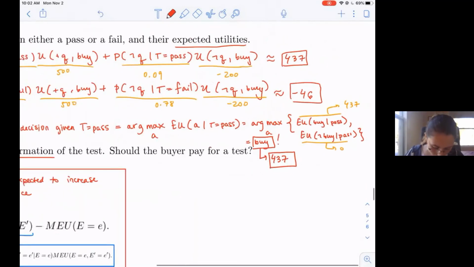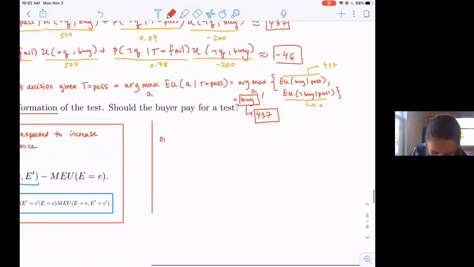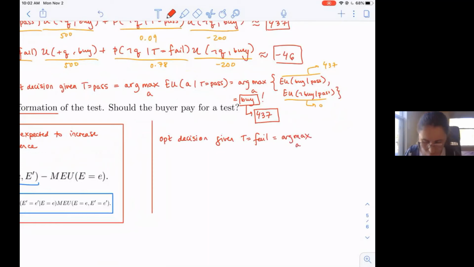What about the alternative? So I'm spilling in here to the other part of the problem, but let's just take up some space here. So we now want to compute opt decision given t equals fail. Well, again, this is going to be argmax over the actions of the expected utility given that I'm failing the test.